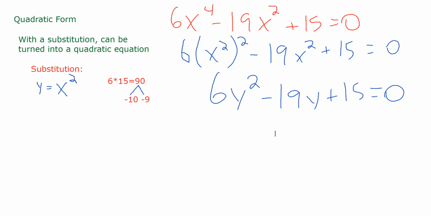But there's one little catch here. I can't just write it as y minus 10 times y minus 9. That would be great, but that little trick is only a shortcut when there's a 1 in front of the y squared term. If you don't have that, which we don't here, you're going to have to use an alternate method. Not horribly different, but a little bit.